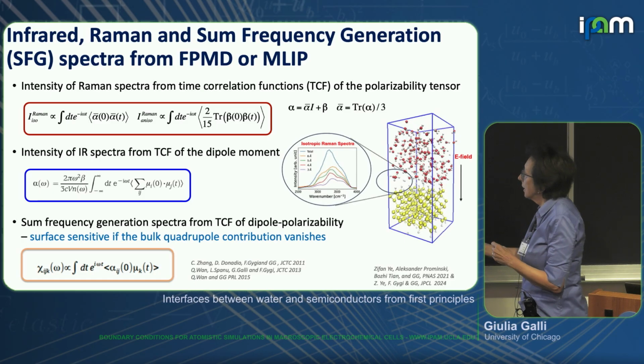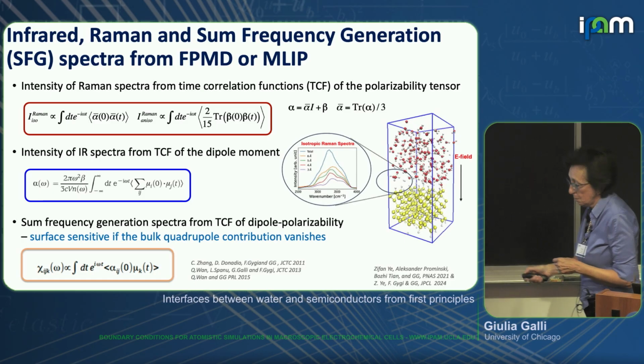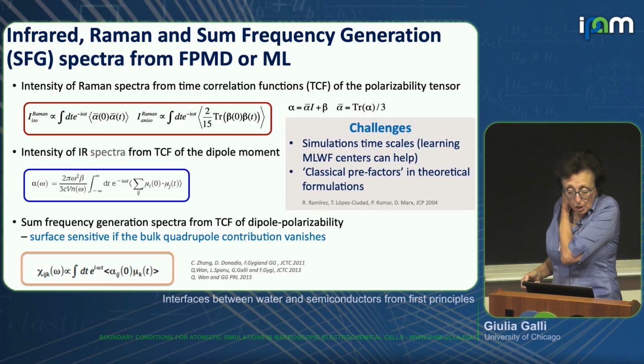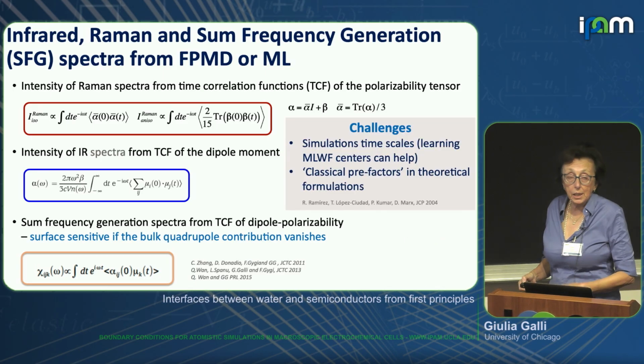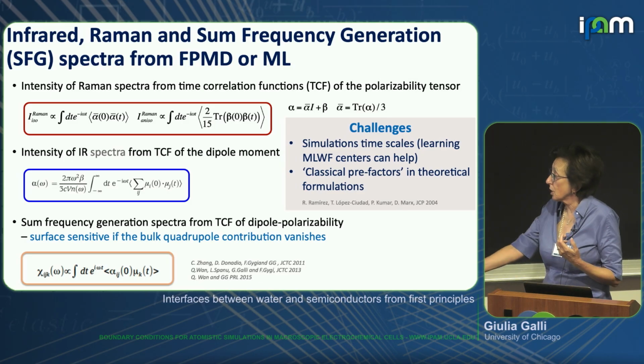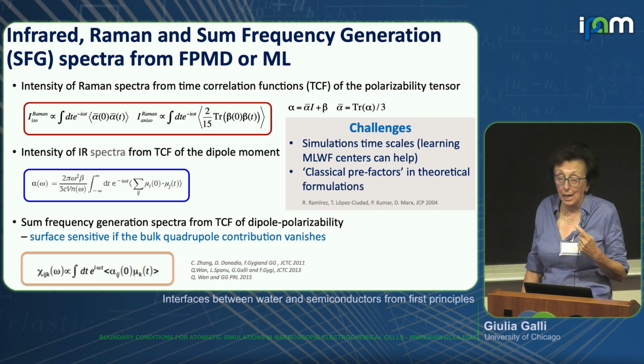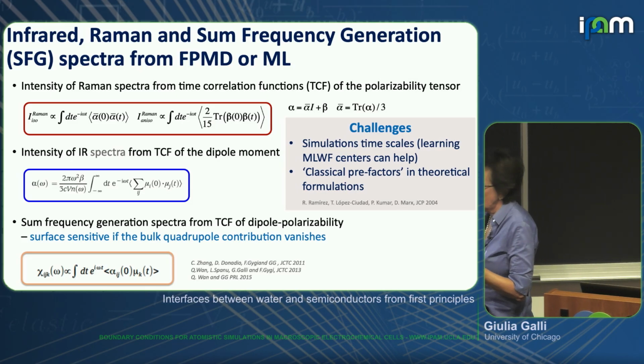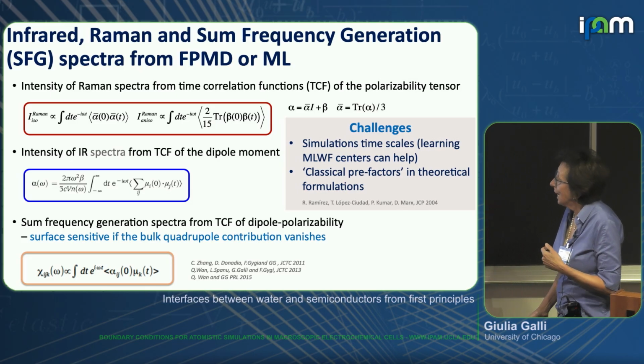And it turns out that there are Raman signatures, and these are explained in these two papers. So the challenges certainly are the simulation timescales, especially for sum frequency generation. Also, it is surface sensitive if the quadrupole contribution vanishes. And to have a quadrupole contribution vanishing when you do simulation is very, very, very complicated.